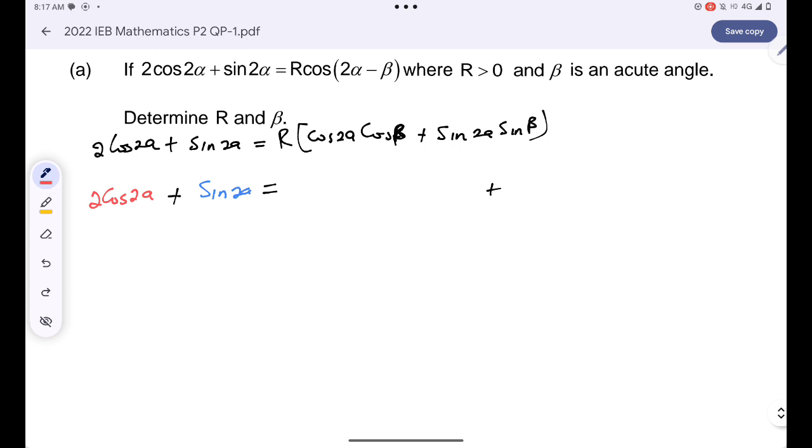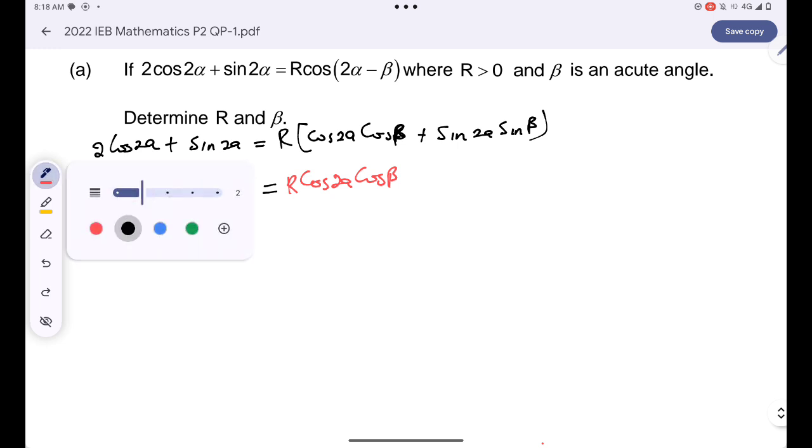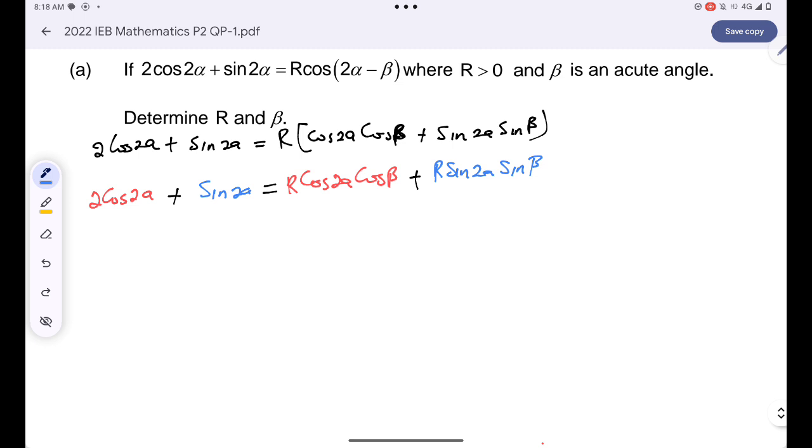How so? I know that since I have an r there outside, it will multiply both terms inside the bracket, right? So I'll have r cos 2a cos beta plus r sine 2a sine beta.